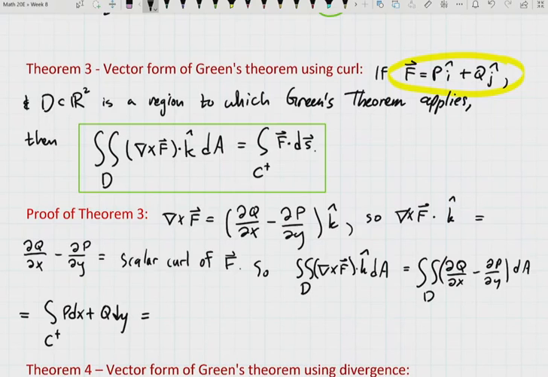But that's the same thing as the line integral of F, right? By definition, by what I was reminding you at the beginning of class about the differential form. That's just exactly F dot ds.